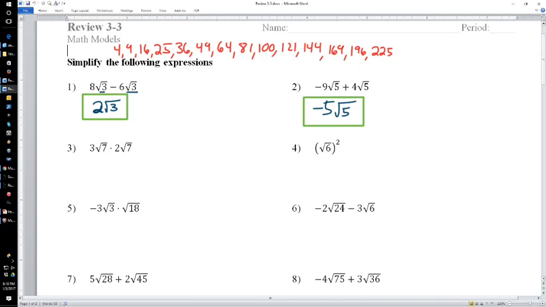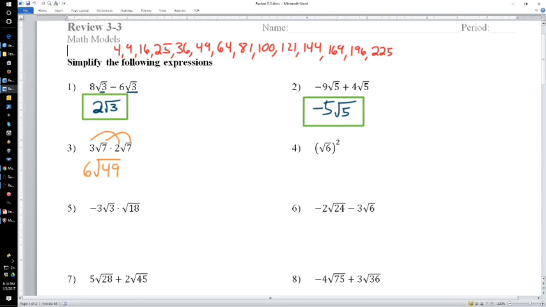Alright? Number 3, whenever we are multiplying, we multiply the radicals together, so 7 times 7, and we multiply the coefficients together, 3 times 2. Alright, so here we go. 3 times 2 is 6. 7 times 7 is 49, so that's the square root of 49. Alright. We can reduce the square root of 49.